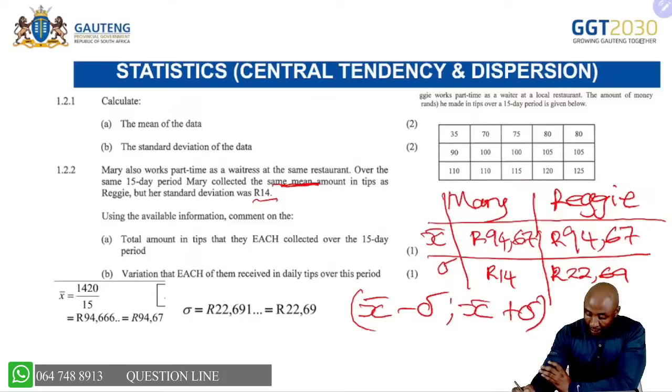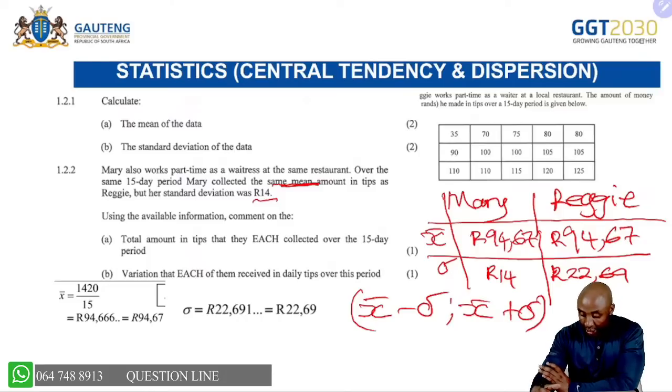So for us to analyze this, you are able to see that the standard deviation for Mary is 14 Rand. The standard deviation for Reggie is 22.69 Rands. So it means Reggie had more varying tips, and you can see from the table there that the tips for Reggie seem to be spreading a lot.